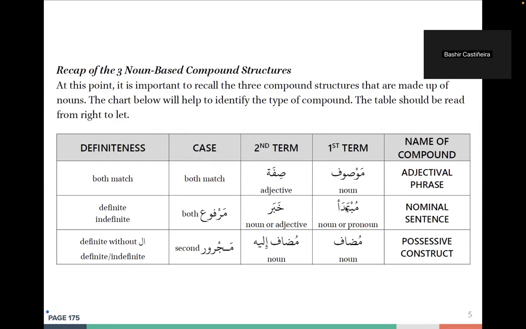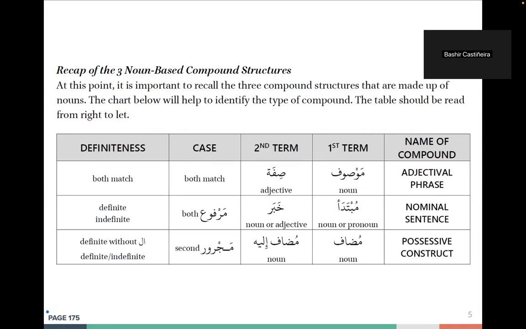The next possibility is that it is a nominal sentence, what we call جملة اسمية. We've looked at this case. How do we know it's a جملة اسمية? We have two parts, مبتدأ and خبر, the subject and the predicate. The first part, the first noun, is normally definite.